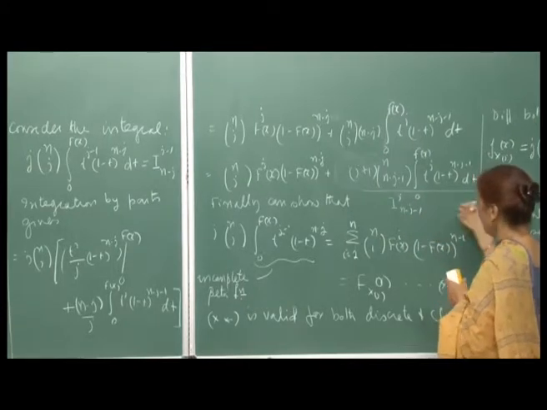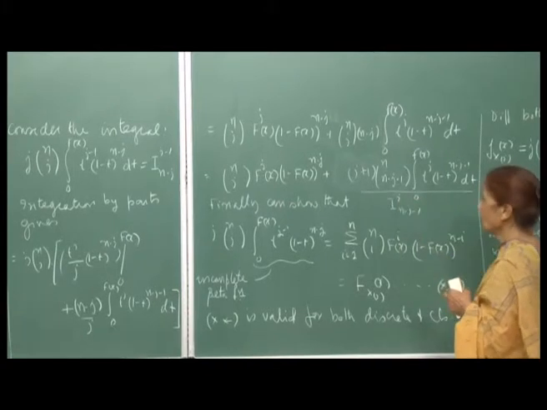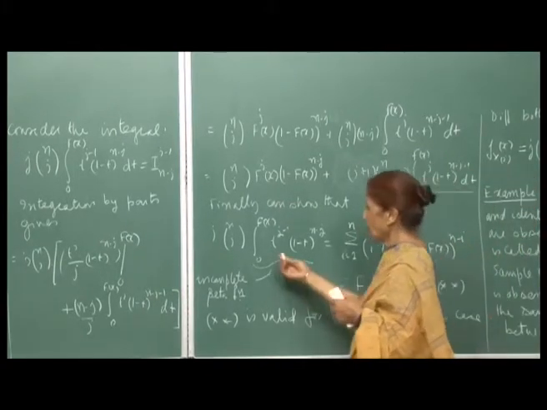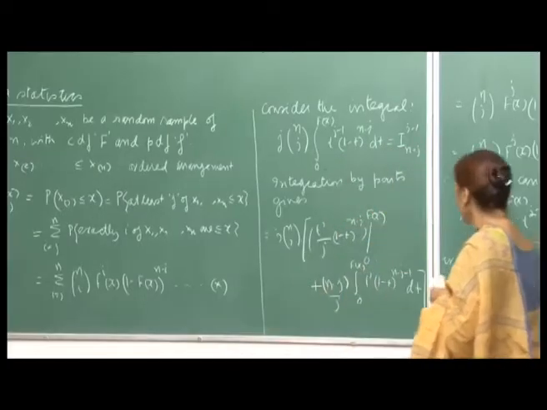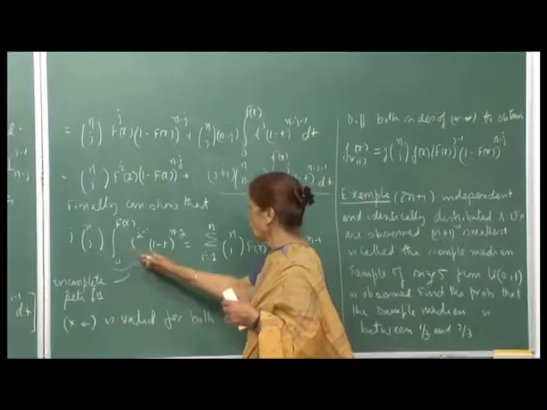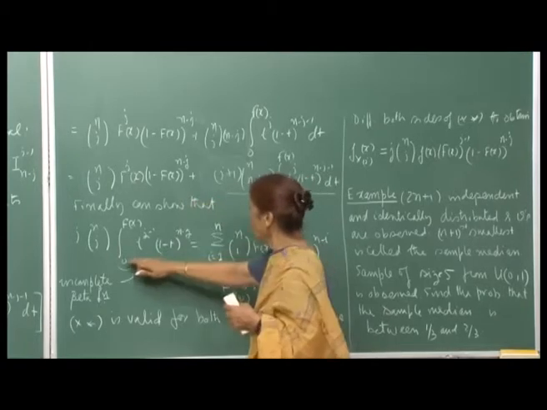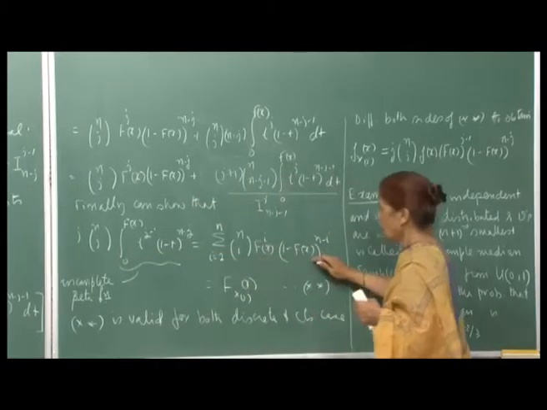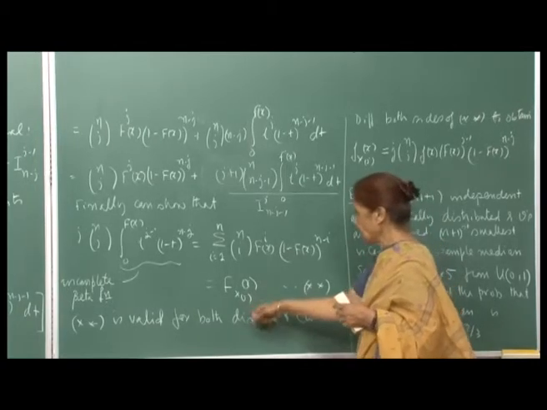So, this way iteratively when you do it, this power will finally become 0 and this will become your n. So, therefore, you can show this integral, this summation is equivalent to the integral, and therefore, finally you can show that this integral that I wrote down in the beginning is equal to this sum, which is equal to your cumulative density function of X j.